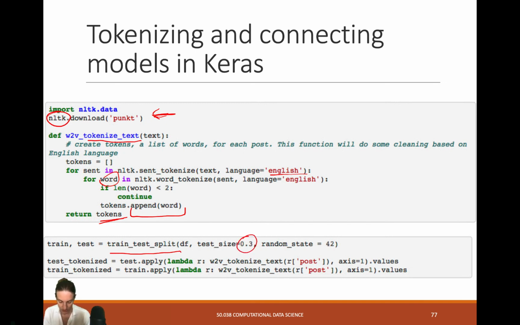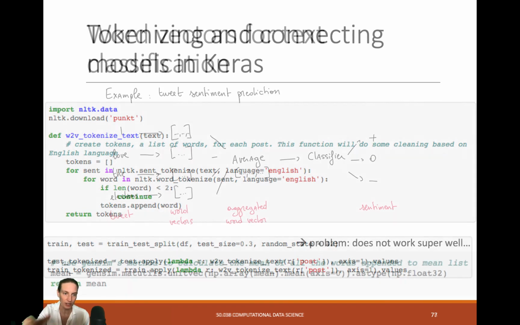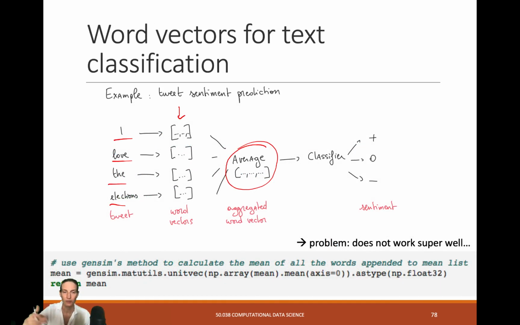30% of our data is going to be used for our test set here. To the test set and the training set, we apply the tokenization function. That is basically it. This will be explained in the lab in more detail, I just wanted to show you already. Once we have our tokenized training set, we can average them and feed them to our classifier.